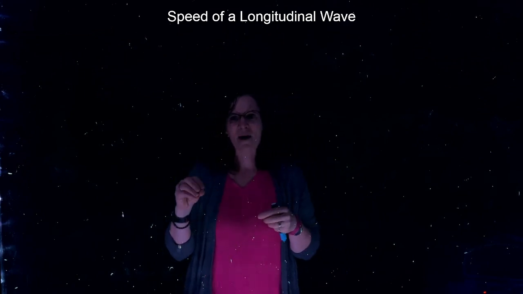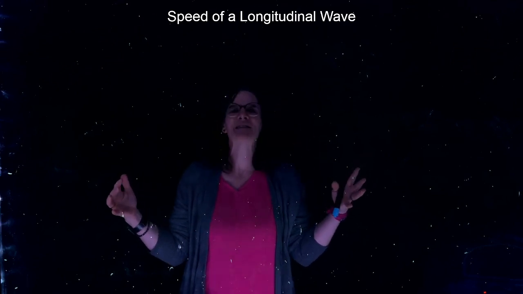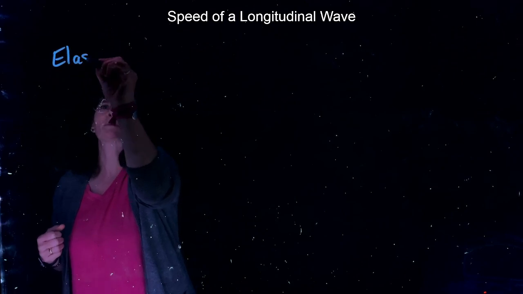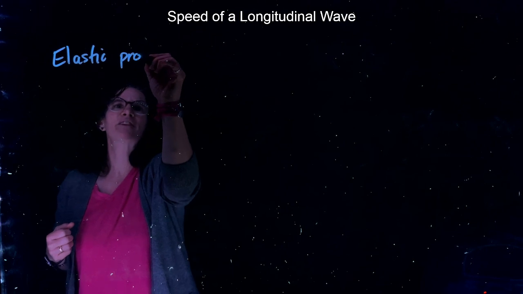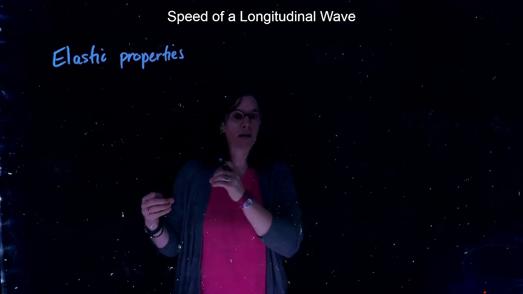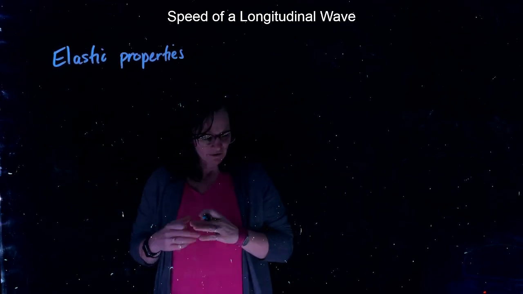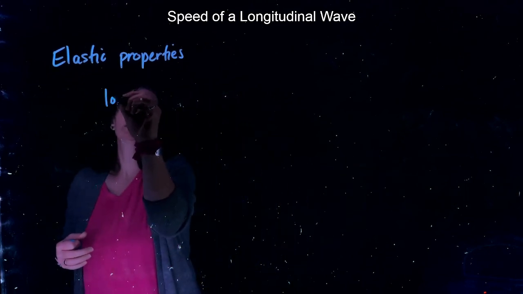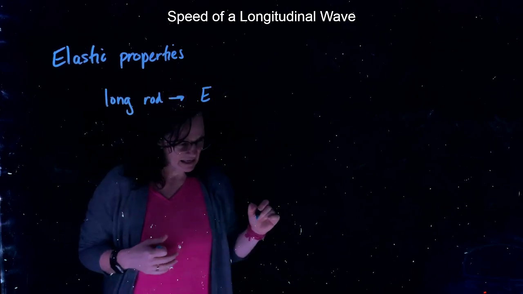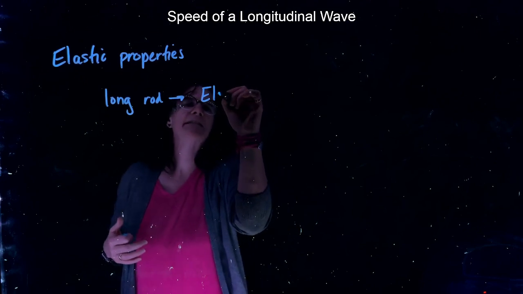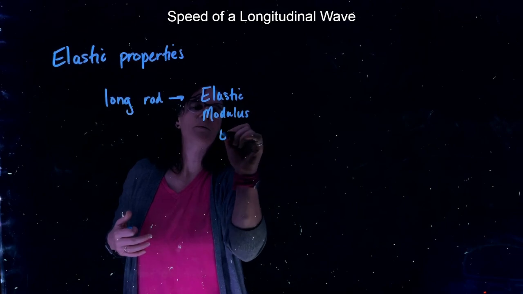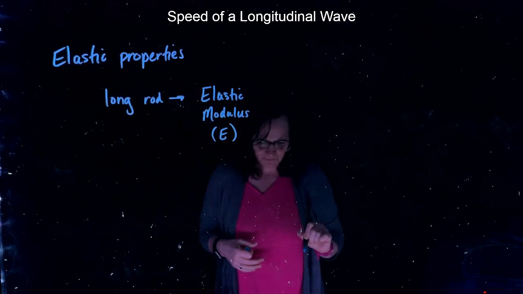So when we think about the wave speed in a longitudinal wave, it's going to be related to the elastic properties of the material. For a metal rod that a wave might be traveling through, a long rod, that elastic property is the elastic modulus, and we use a capital E to represent that.